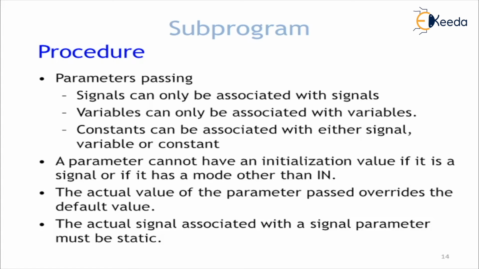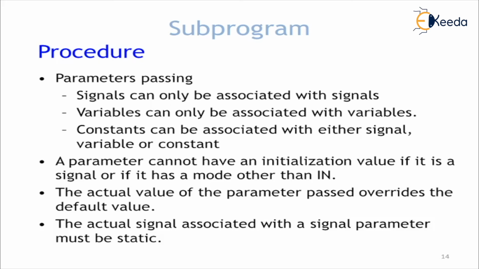Variable is again related to variable, but a constant can be associated with a signal or a variable or a constant. So if in a procedure you declare a constant as a parameter, it can access values from any objects like signal, variable or constant.